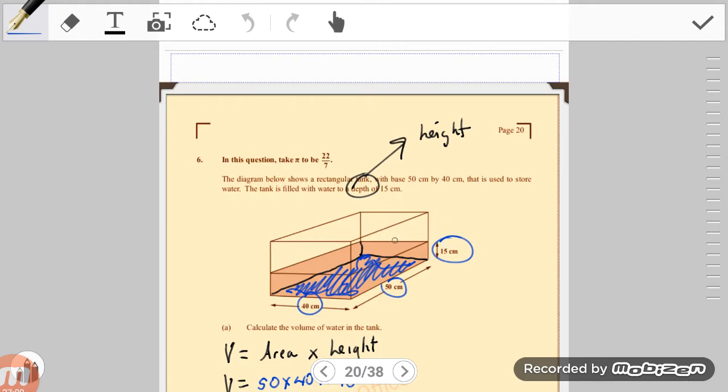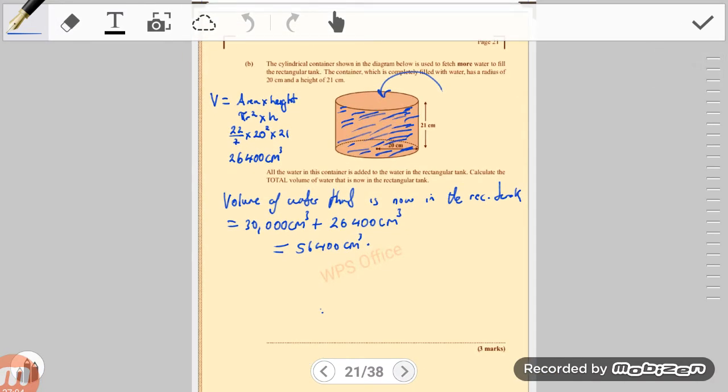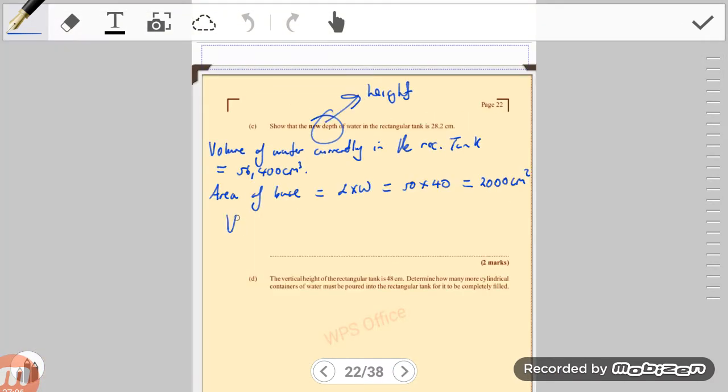We want to know how far up it has reached. So we're going to have to go back to our original formula that V is equal to the area of the base times height. And since we're dealing with the rectangular tank, we're going to use the area of the base of the rectangular tank, which is 2000, multiplied by the height, which we don't know.